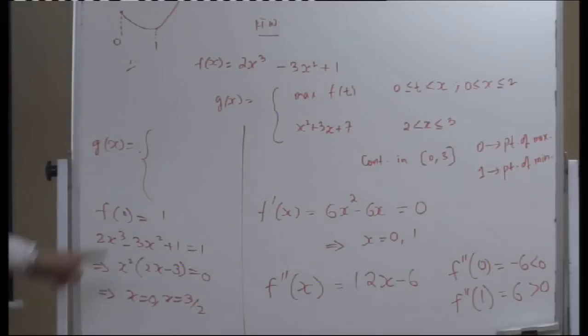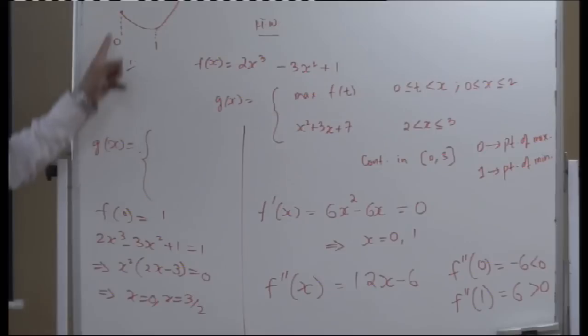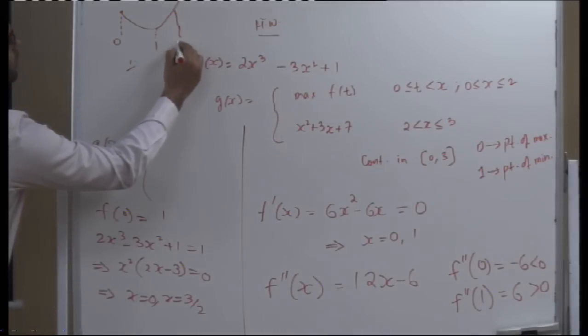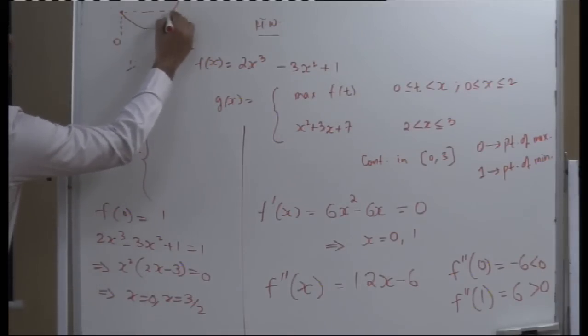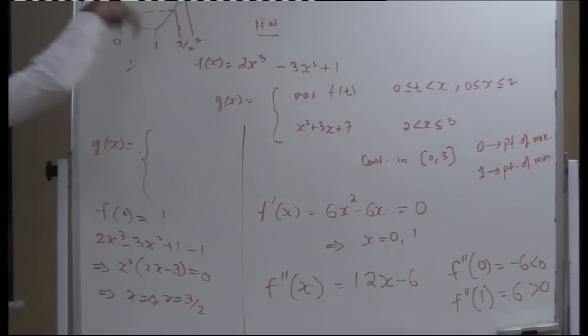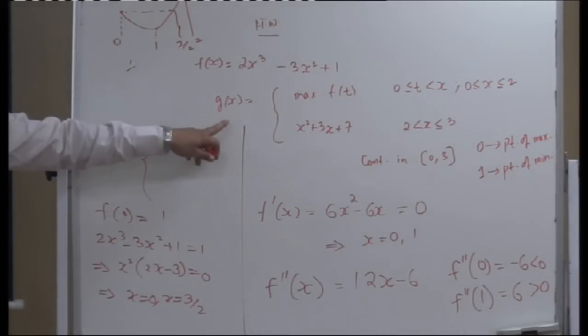So the same value 1 can be obtained at 3/2 also. 0 we already got. So this is again at 3/2, where the function has the same value as at 0, and beyond this the function is further more.